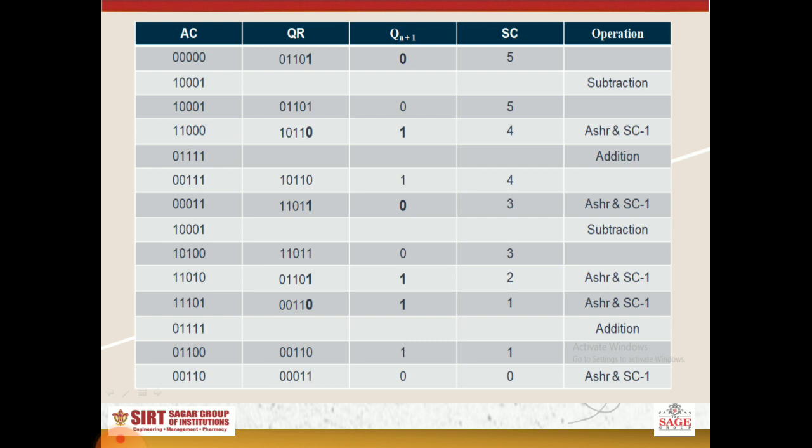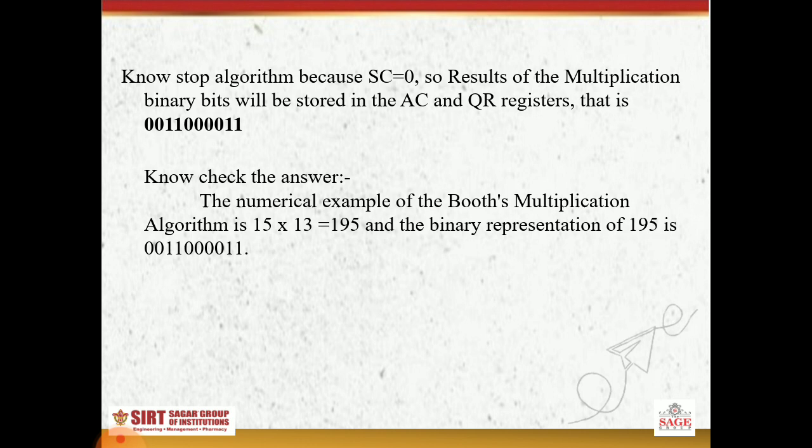After the arithmetic shift right operation, we have the value 01100 and the SC value goes to 0. Now check the value of SC. The value of SC is 0, which means the algorithm is going to end, and our answer is stored in AC and QR.